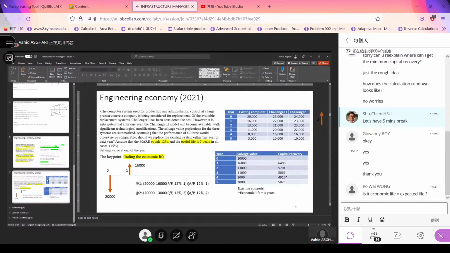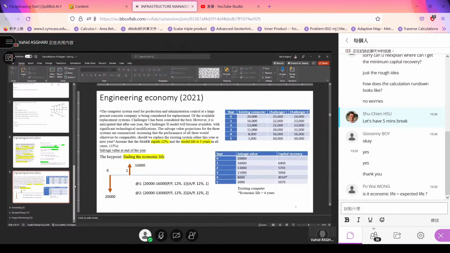You can somehow say that, but they are not exactly equivalent, though in this question, it is. The economic life for option one is 4 years. Perhaps for option two it will be 3 years. Who knows? Then you do it for the other options as well. But you will know it if you need to find the economic life in the exam, so no worries about it.